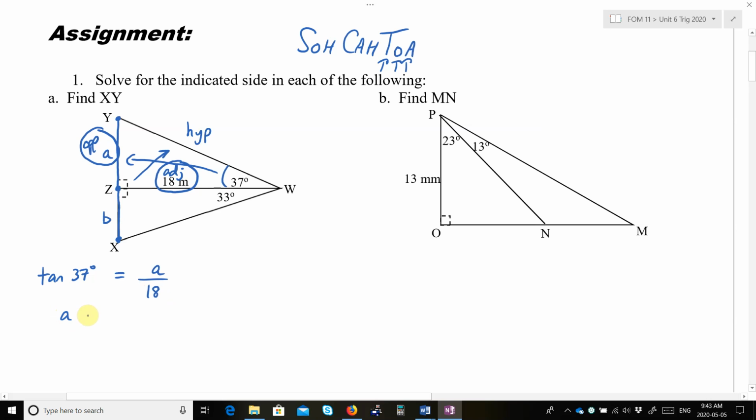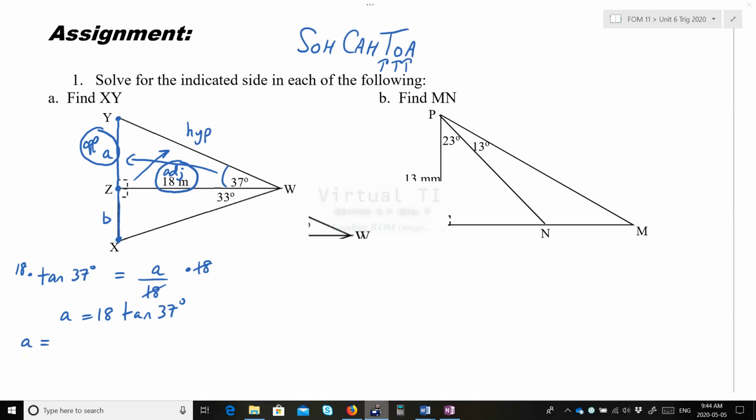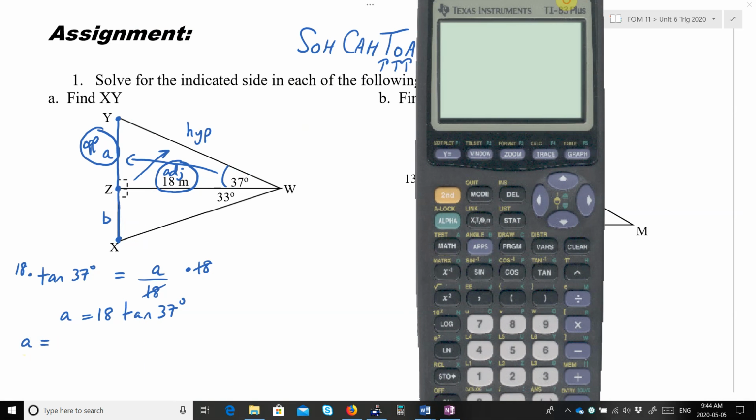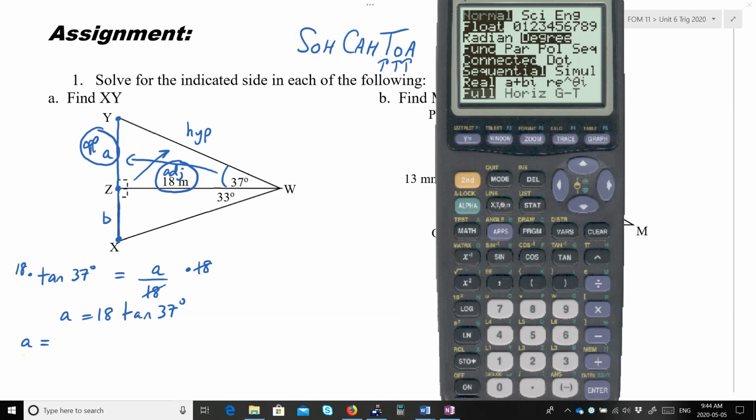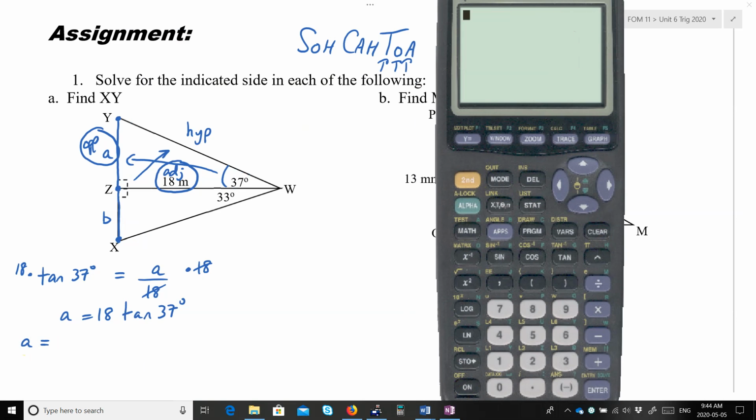And remember, to get A by itself, we simply multiply both sides by 18, and we get A is equal to 18 tan 37. If I get out the virtual TI, since my angle is in degrees, I need to make sure I'm in degree mode, which I am. So I go 18 tan 37 and press enter.